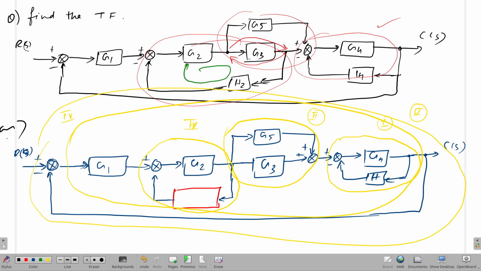So it was G2, G3, H2. But now it is only G2 and whatever is coming here should be equal to G2, G3, H2. So this should be what? H2, G3. Okay, then only the signal values will be staying the same. Okay. So from here you can do it.